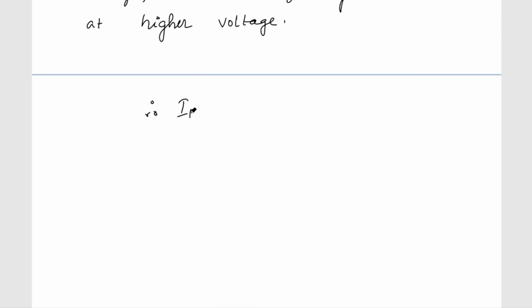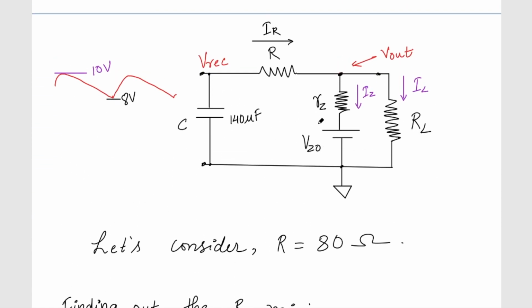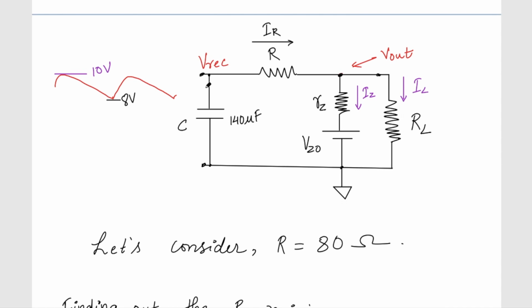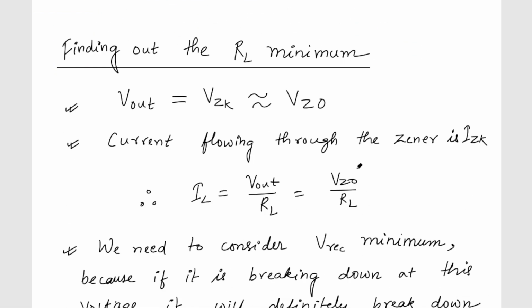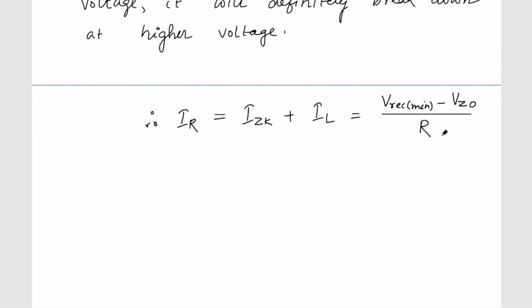Therefore IR in this condition will be IZK plus IL, and this is the current flowing through R, which is Vreg minimum minus VZ0, divided by the resistance R.